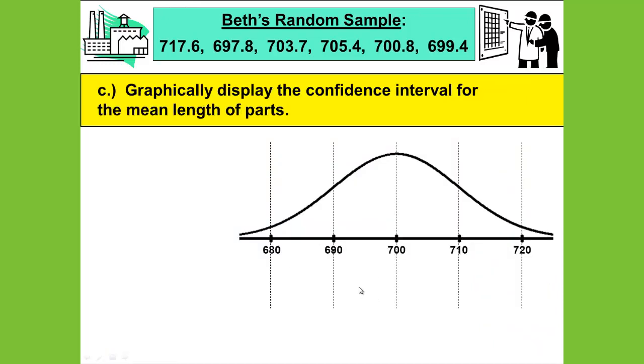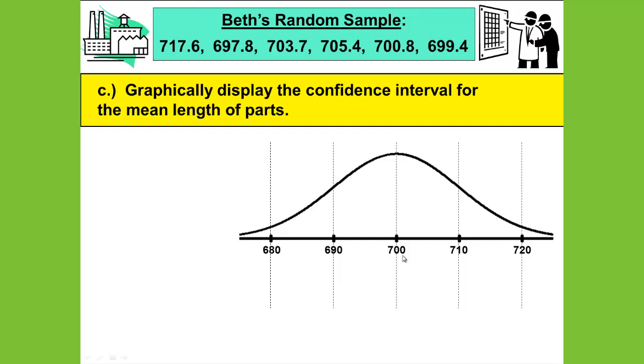And the third part of our problem is to do this graphically and to make a graphic display for the interval for the mean length of the parts. Now remember that we have in our background, even though we didn't use it to create our confidence interval, that the mean is 700 of our population with a standard deviation of 10.